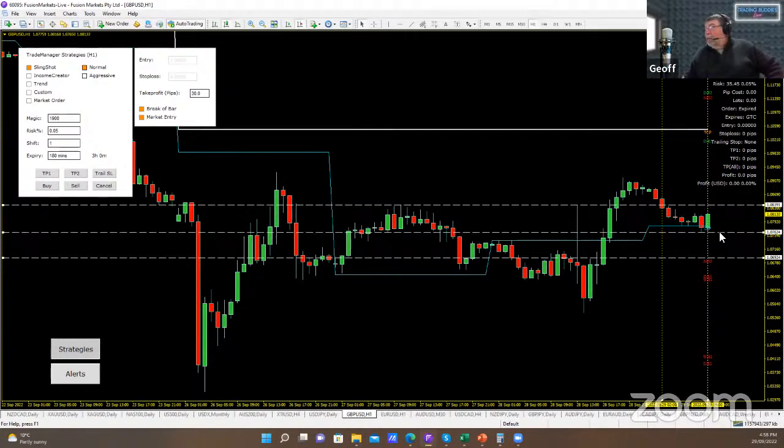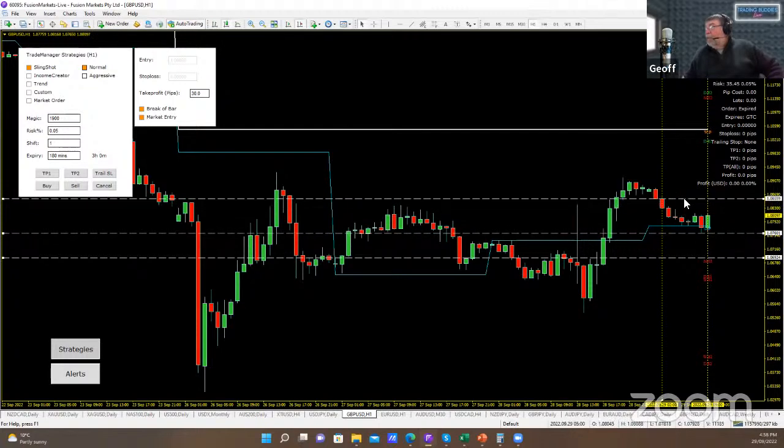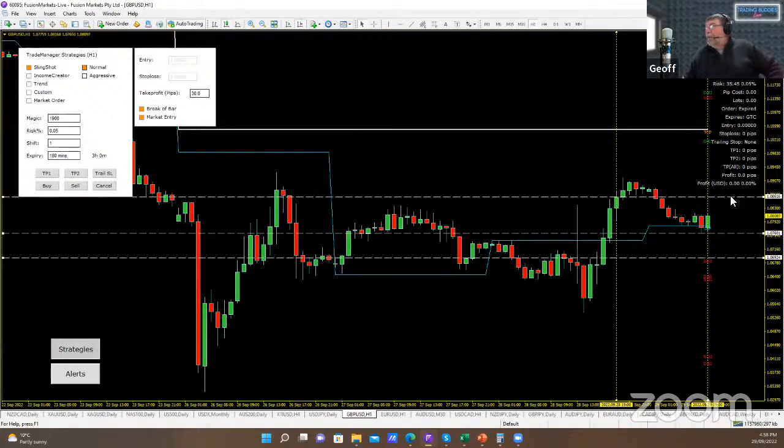There's your low. And there's your high. I'll just take that away so I can see the top of that candle. There we go. So the high there is 1.0861. 1.0861. So that's going to be the stop loss if we actually take this short.